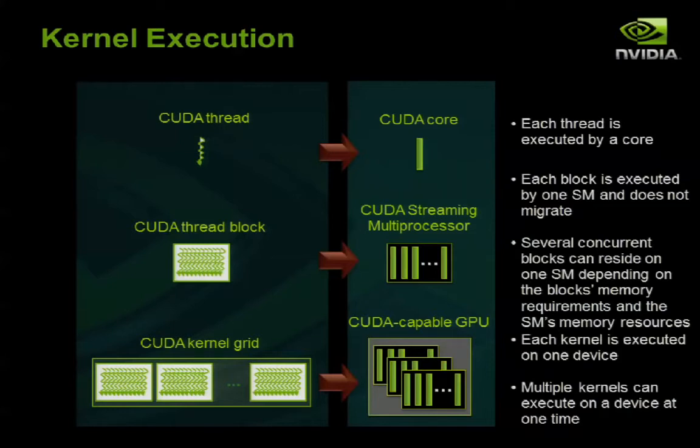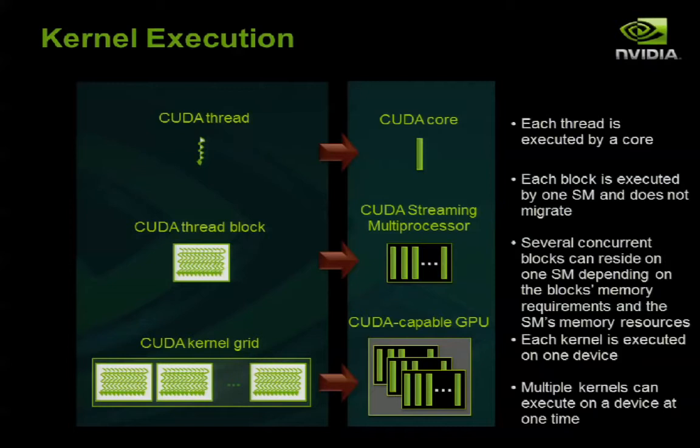Now, this is almost an exact reflection of the programming model, or to put it differently, the programming model is a reflection of the underlying hardware, where a CUDA thread is mapped onto a single CUDA core, and for the entire duration of the execution of a kernel, it's going to stay there.